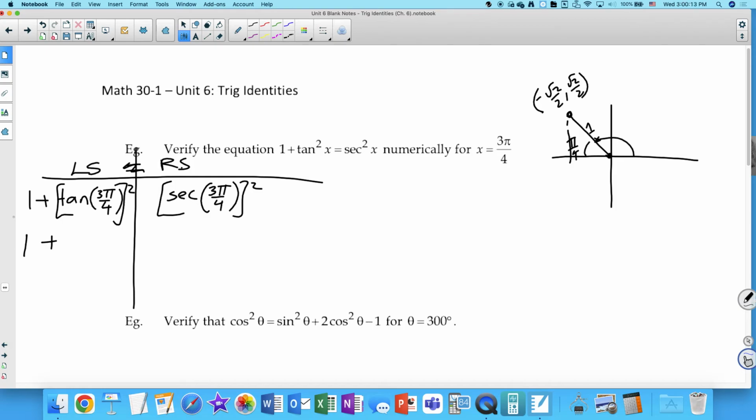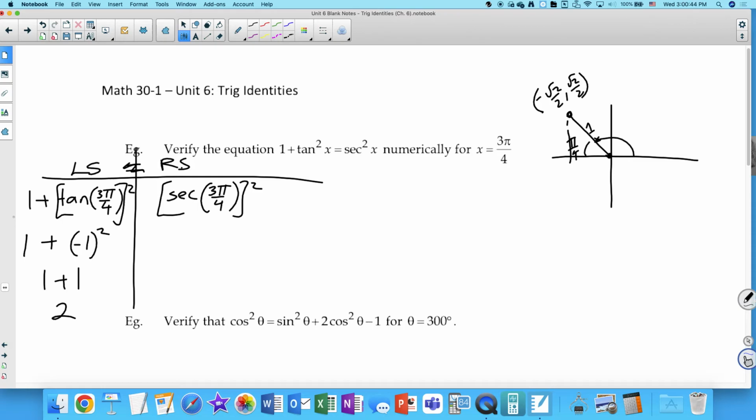Now, the tan of 3 pi over 4 is y over x. That's actually going to be negative 1 because you're taking a number, dividing it by itself, but with the opposite sign. So this is negative 1 squared. Okay? And negative 1 squared is just 1. So the left side at the end of the day is equal to 2.